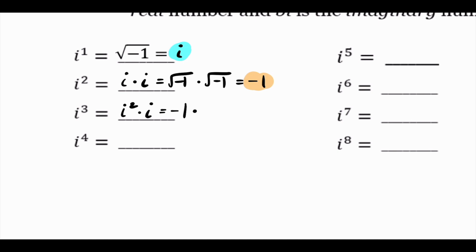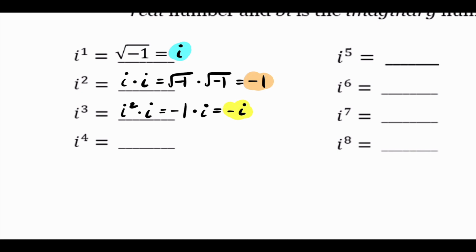And isn't the answer to i just i? So negative 1 times i is just negative i. I'm highlighting different colors when I get different answers, so we can see the pattern a little easier.